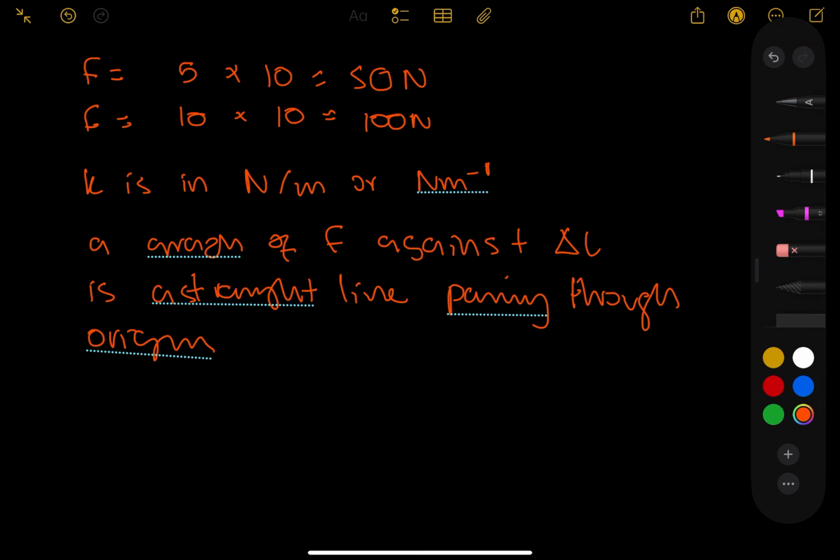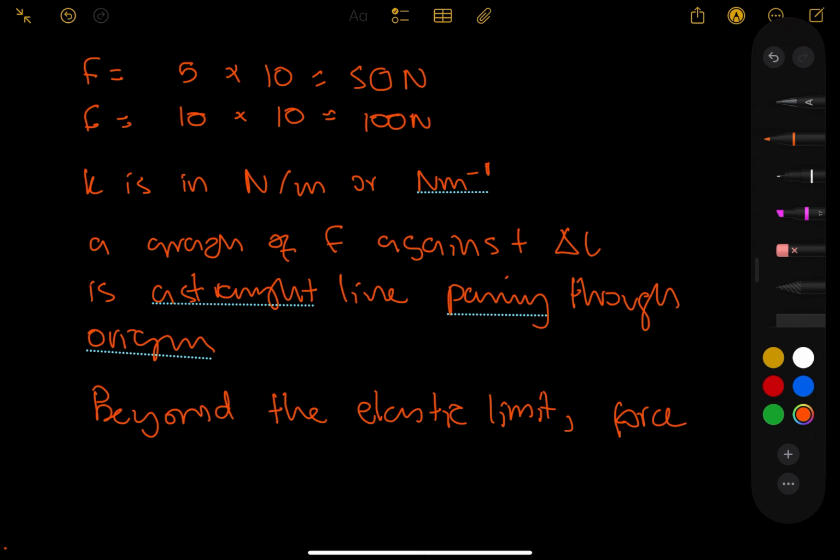If a spring is stretched beyond the elastic limit, the spring will not regain its initial length. So we can just say that force and extension are no longer proportional.